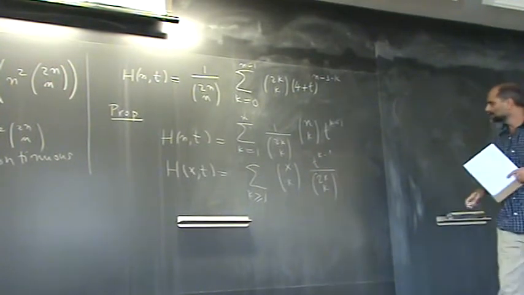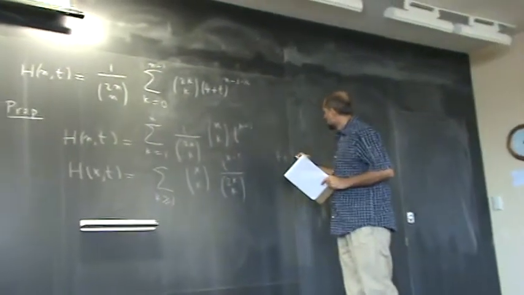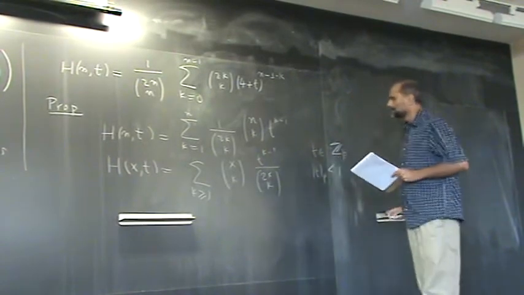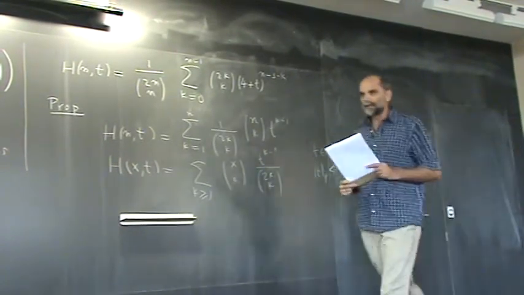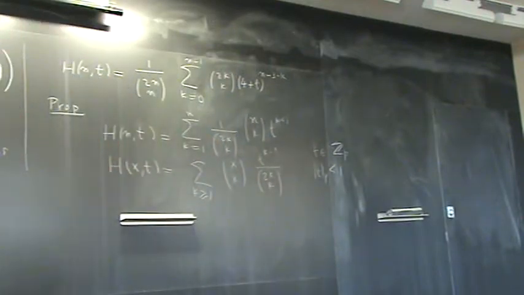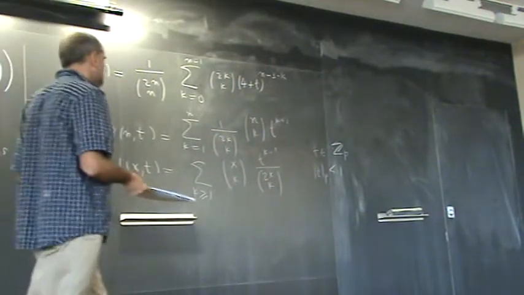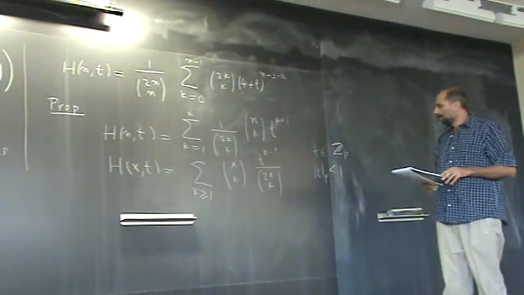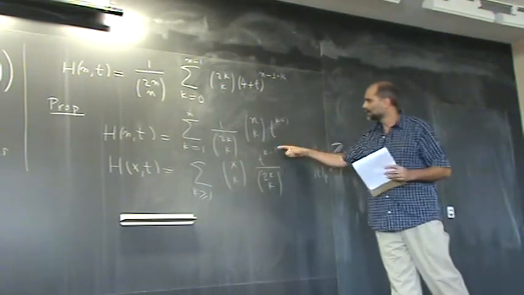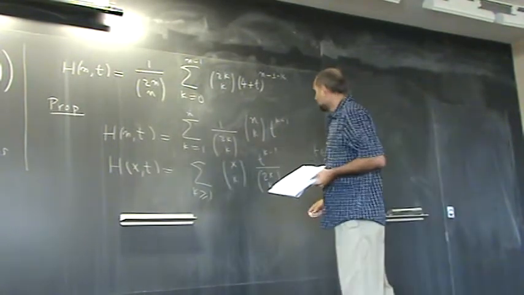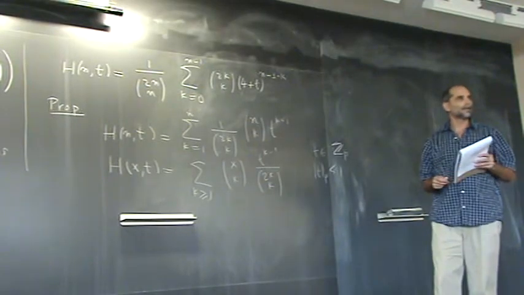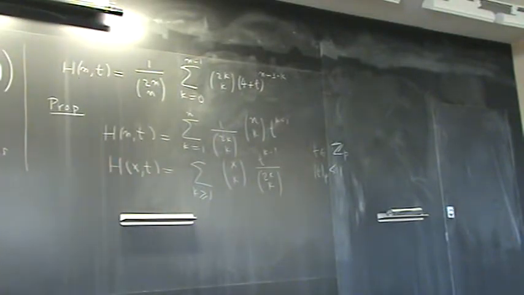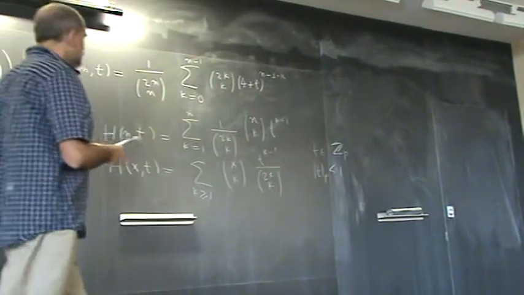So let me just say that for the moment it would be enough to take a p-adic integer with absolute value less than 1. The binomial 2k choose k has a p-adic valuation that grows at most logarithmically with k. So if we choose t right, this guy will win over, and this gives a convergent Mahler expansion of a continuous function, which interpolates these values. So that's the first step.